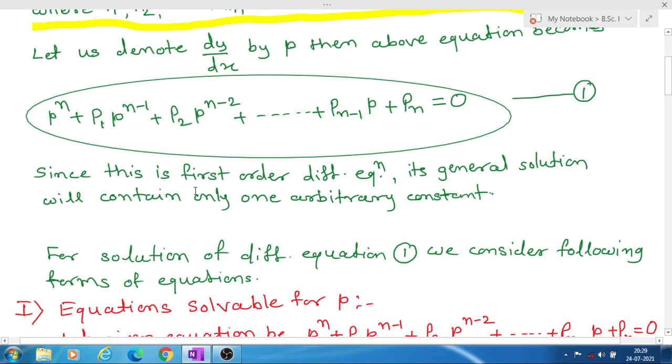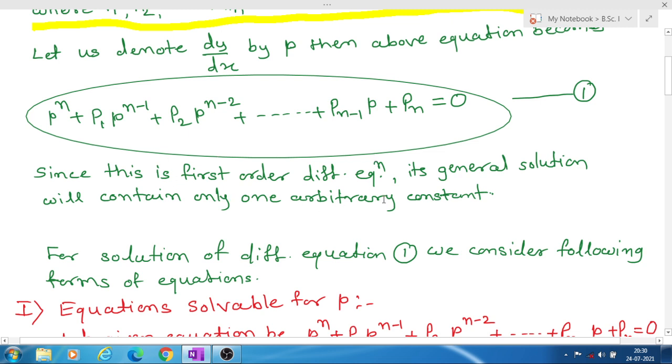Now since this equation is of first order, the general solution of this equation will contain only one arbitrary constant. You know that initially I have told you that the number of arbitrary constants is nothing but the order of the differential equation.